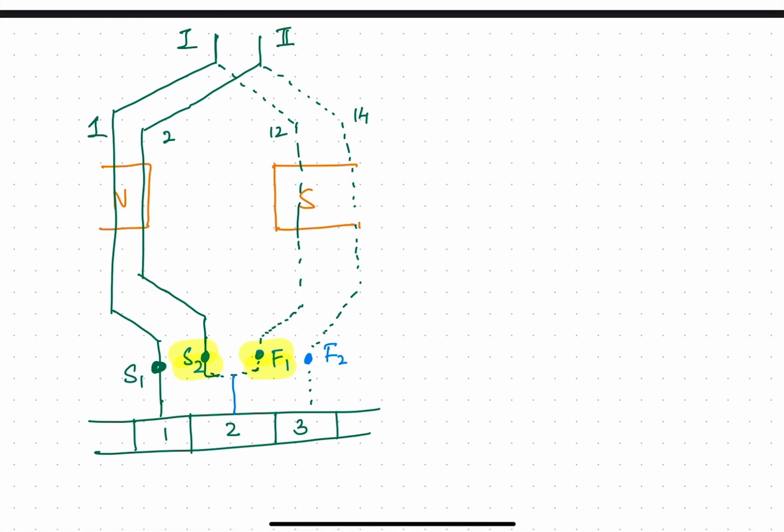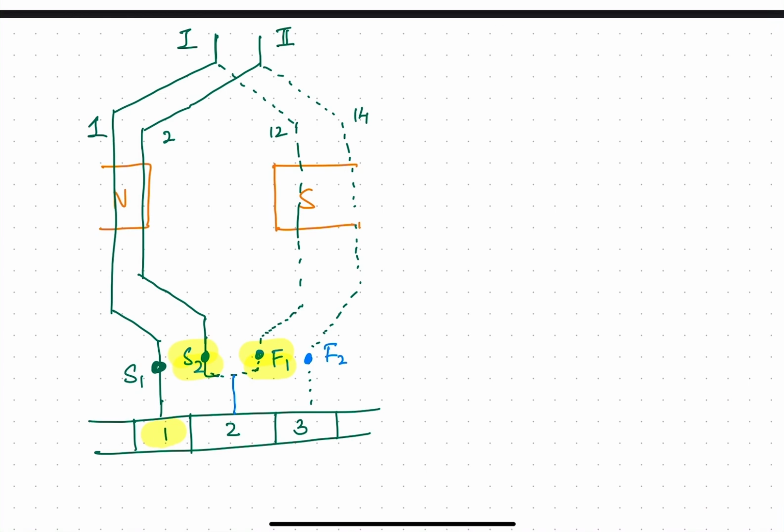Okay, the connector connecting the points F1 and S2 is connected to the segment number 2 of the commutator segment, which is adjacent to the start of the segment, commutator segment 1, at which the first coil had started. Is this clear? I hope this is clear.